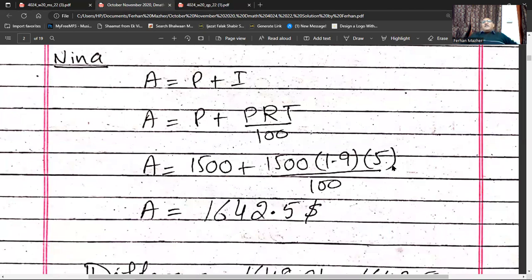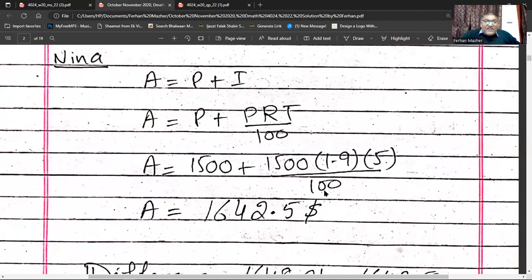Nina invested the money, and her scheme was based on the simple interest. The amount in the simple interest case is principal plus the interest, where interest is PRT divided by 100. So we will substitute the values. Amount will be equal to 1500 plus 1500 multiplied by 1.9 multiplied by 5 divided by 100.